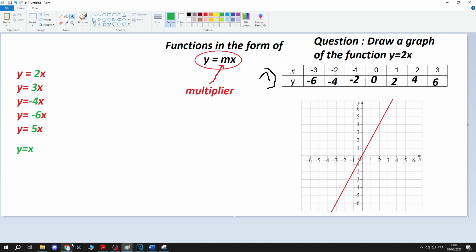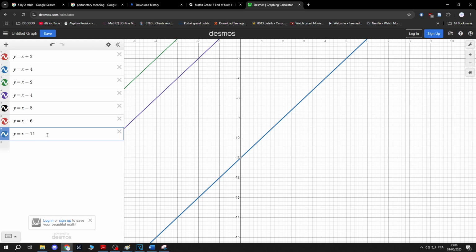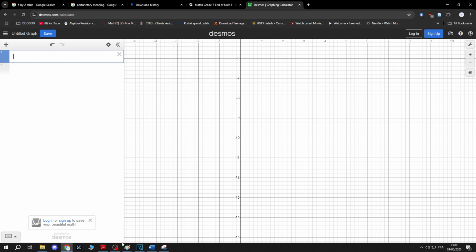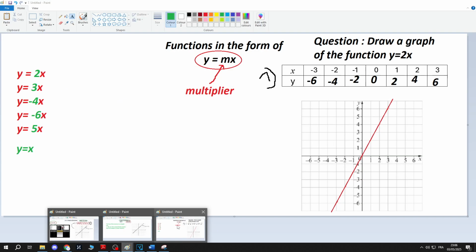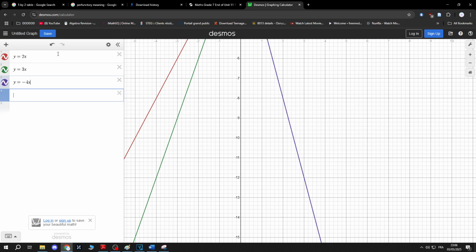And now let's try to input all of these functions into our graphing calculators, okay? So y equals 2x, y equals 3x, y equals -4x, y equals 5x, y equals 13x.